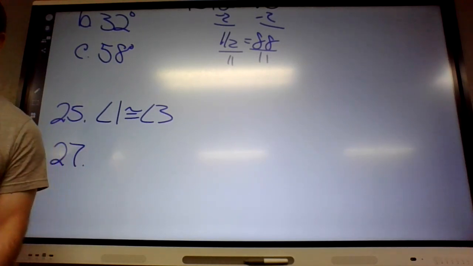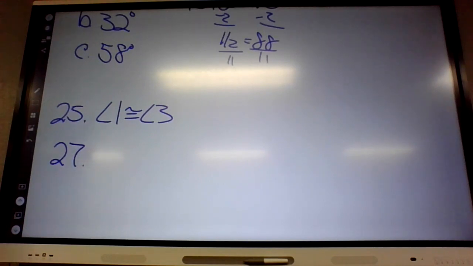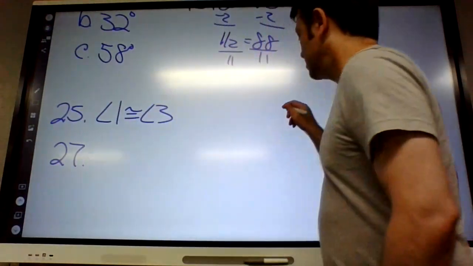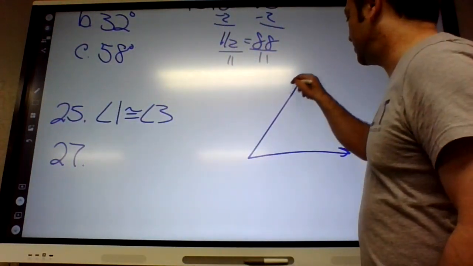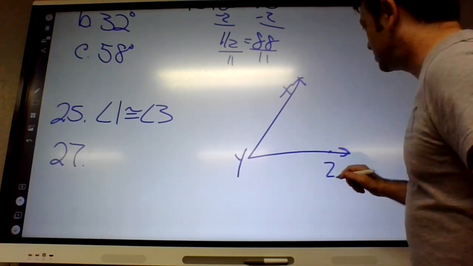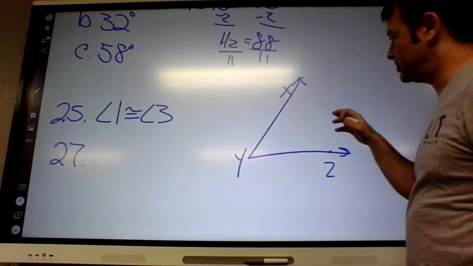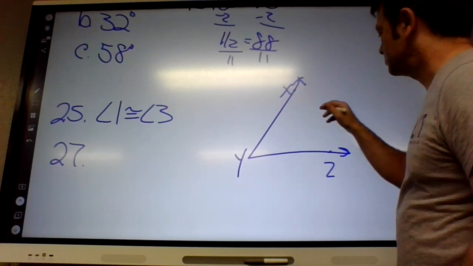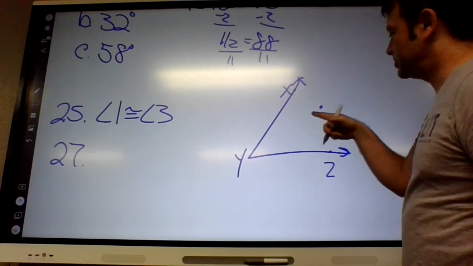27 says W is a point in the interior of angle XYZ. So we have some angle XYZ, and W is in the interior. What's that mean? Somewhere on the inside.